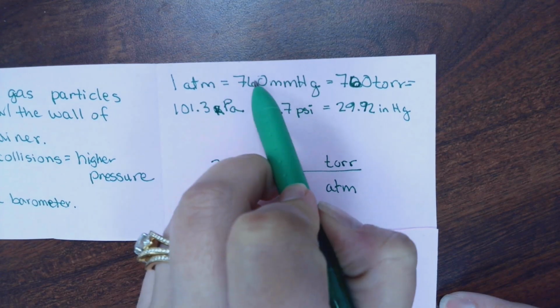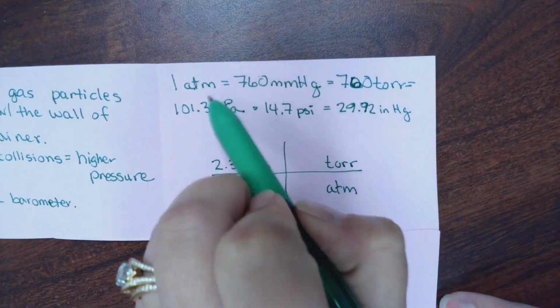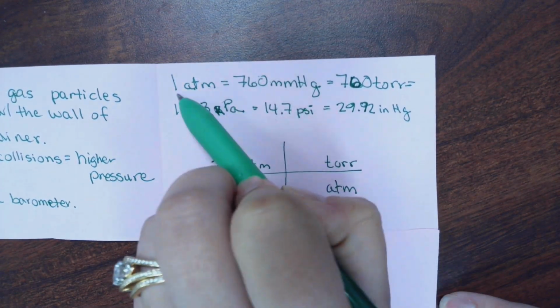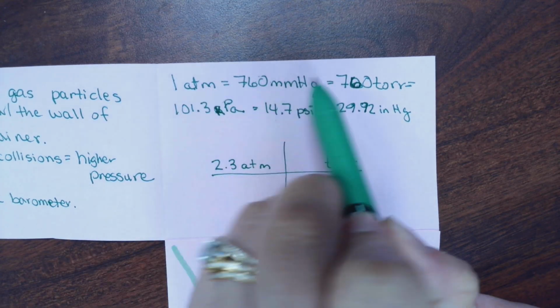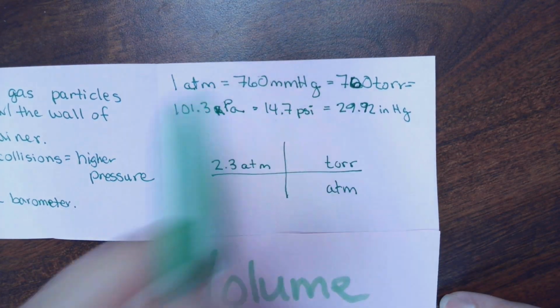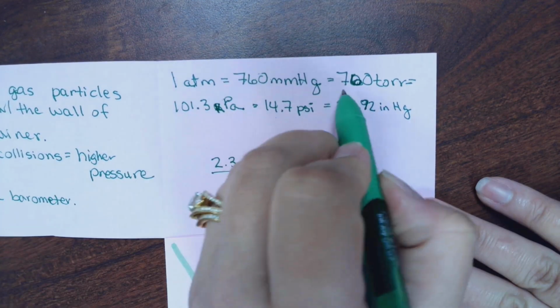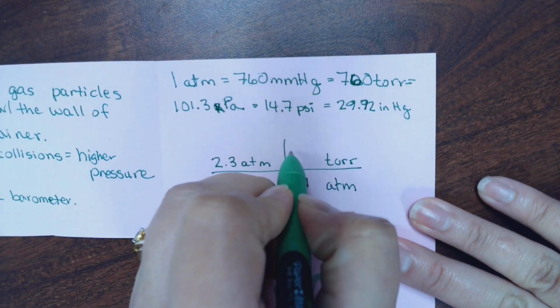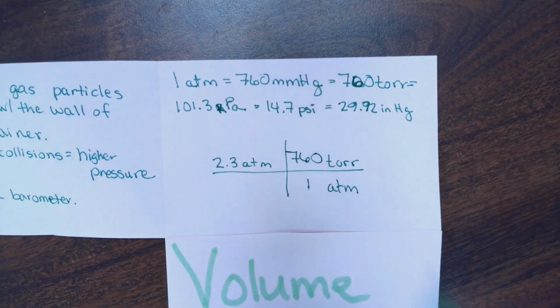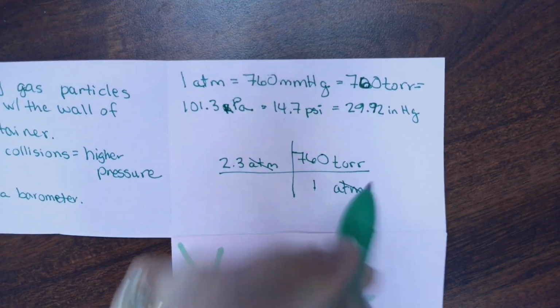Now, look at this. This is one big giant equality. Any two of these things can be equal. So I know that for every 1 atmosphere, there are 760 torr. So I'm just going to take the 1 that's next to atmosphere, put it next to atmospheres, the 760 that's next to torr, and put that next to torr. Okay? So our atmospheres will cancel out.